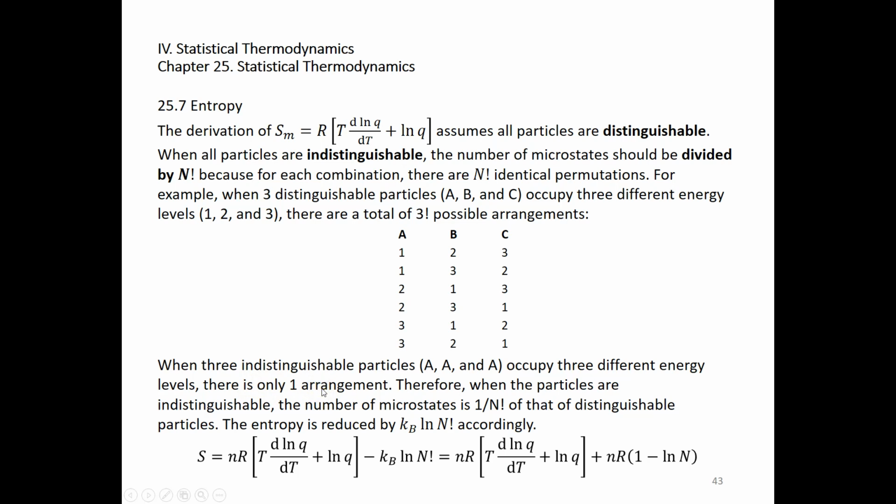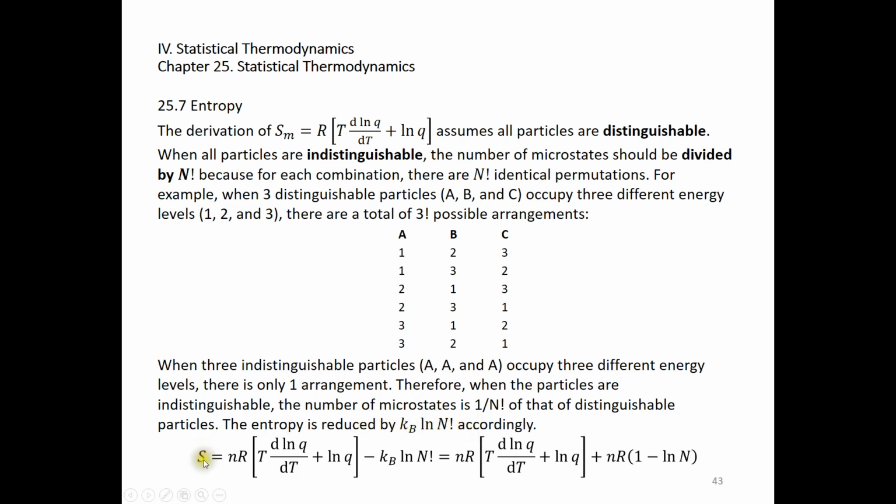We can say there's A in energy level 1, there's A in energy level 2, and there's A in energy level 3. And that's just one microstate. Therefore, when the particles are indistinguishable, we need to divide the number of microstates by n factorial. So the entropy should be reduced by this much accordingly.